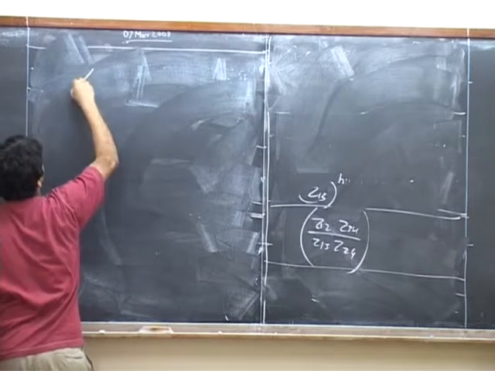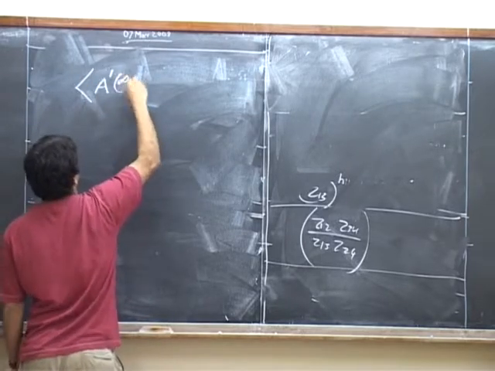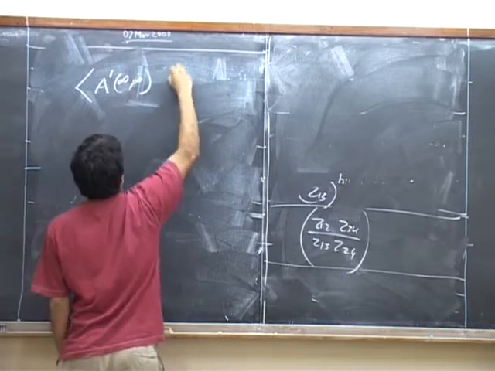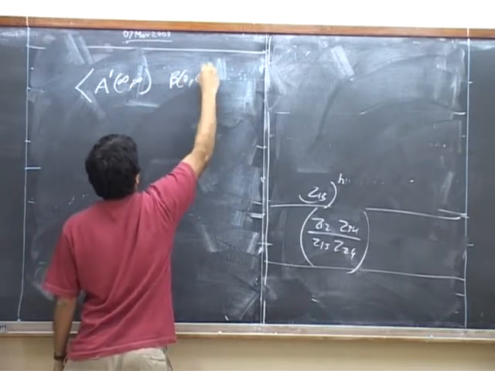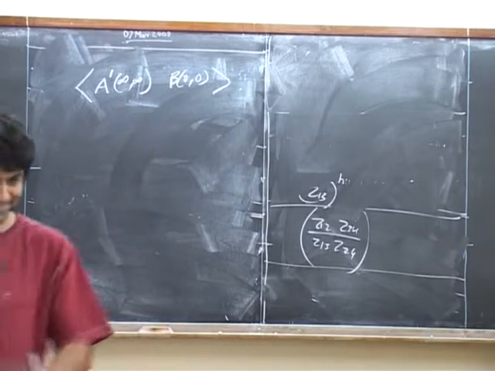Suppose we've got A prime, and I'll tell you what this means, on the sphere.